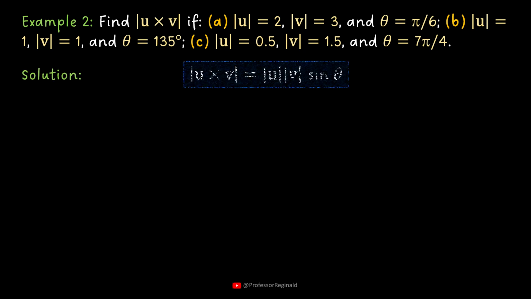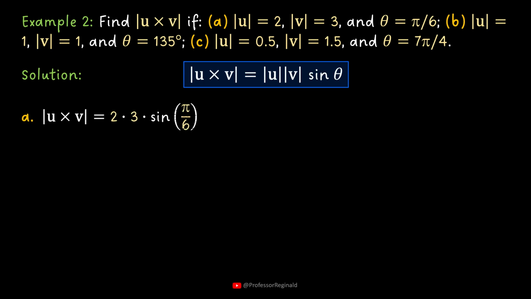The norm of the cross product is the product of the norms times the sine of the angle between the vectors. A. Substitute the norm of u as 2, the norm of v as 3, and theta as pi over 6. Thus, the norm of the cross product is 3.